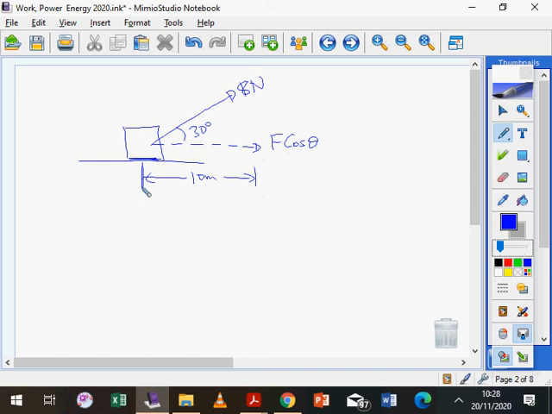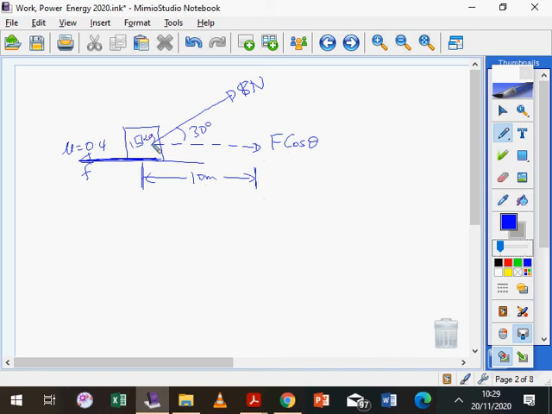If there was friction, which there's always a lot of the time, let's say a coefficient of friction of 0.4, and this thing has a mass of 15 kilograms.